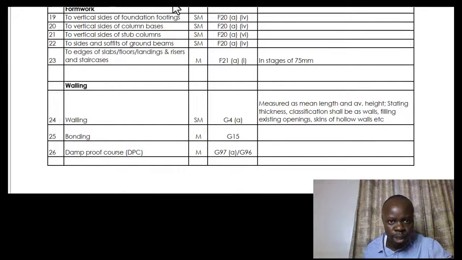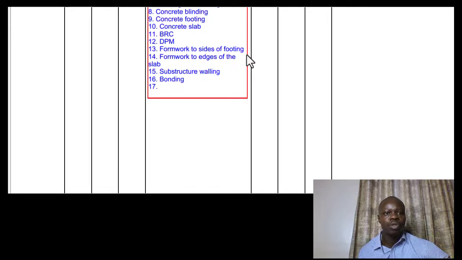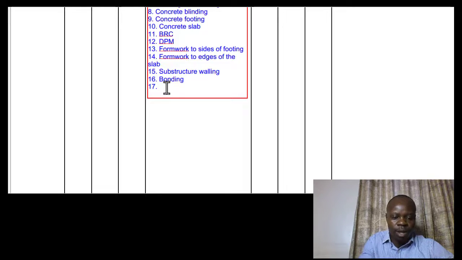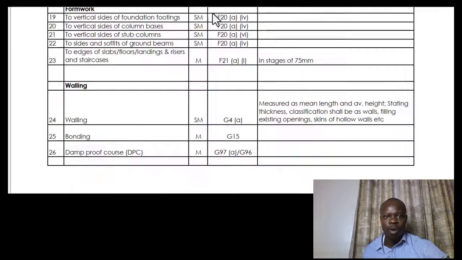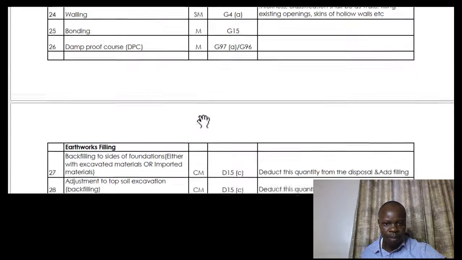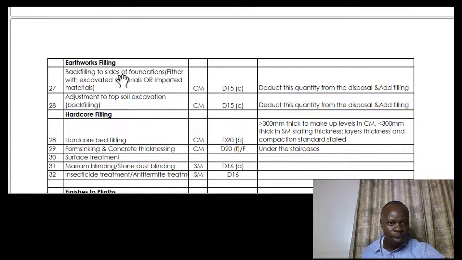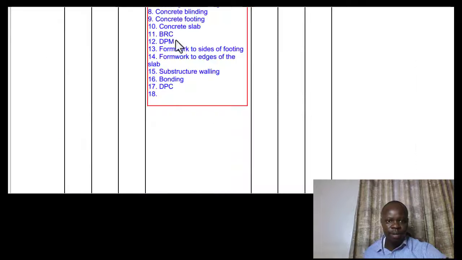Then we'll do DPC, that is the damp proof course. We'll also talk about that. We'll cover DPC as well. Then number 18, we'll cover backfilling. Yes, backfilling to sides of excavation.